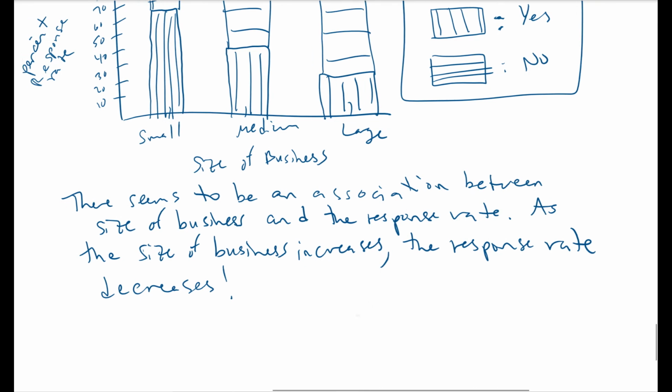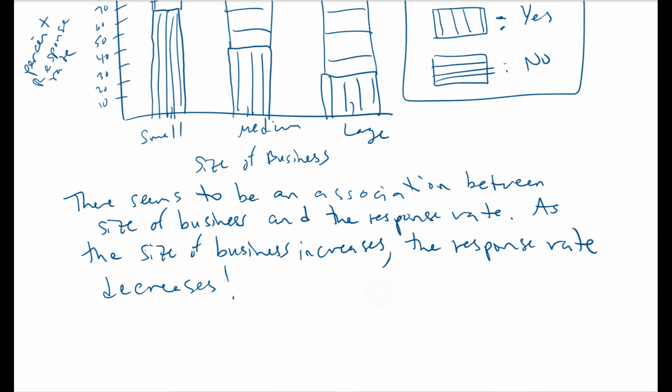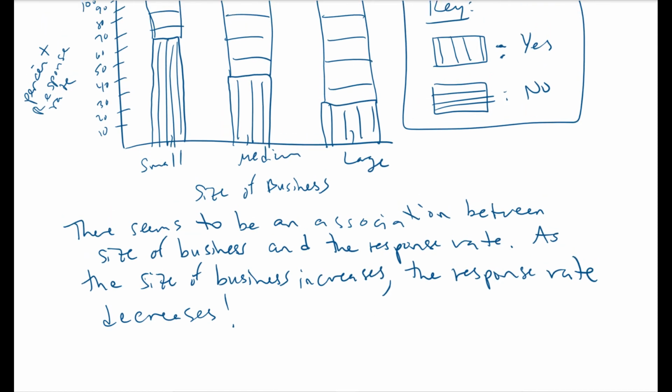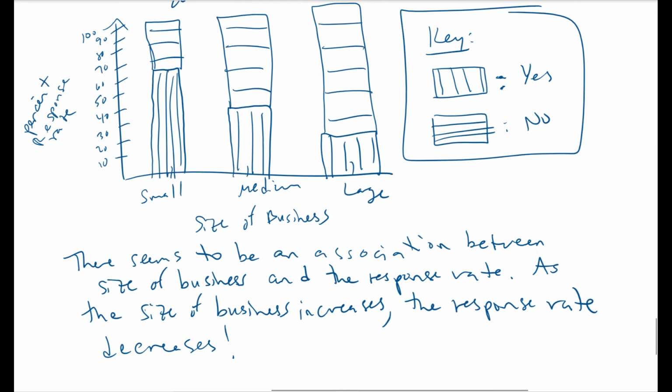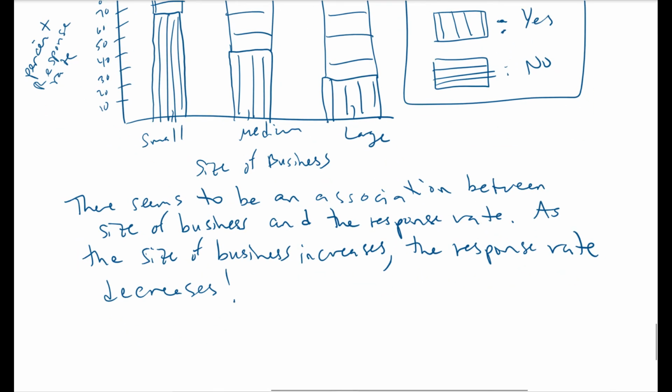So that's how you use a segmented bar chart to determine if there's an association between two variables. Now, if the bars were roughly the same, like if, for example, the small was 60%, medium was 58%, large was like, I don't know, 52%, then those are pretty close to each other, right? In that case, there would be no association. All right, so if the bars are about the same, no association.